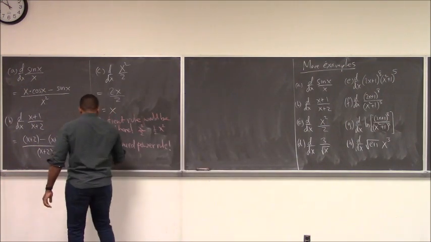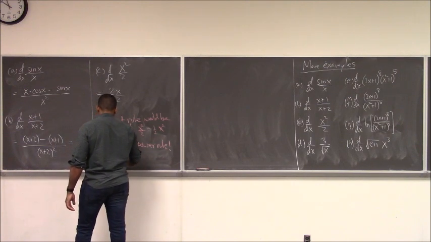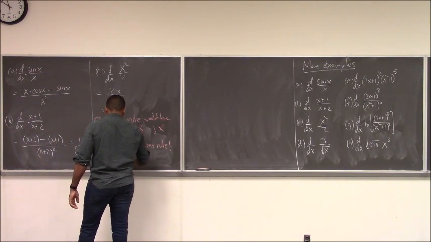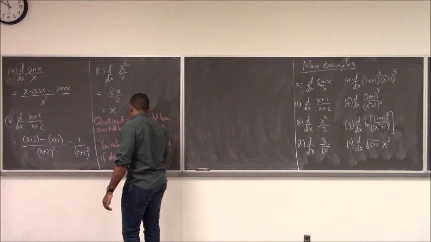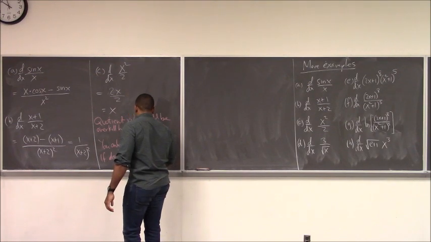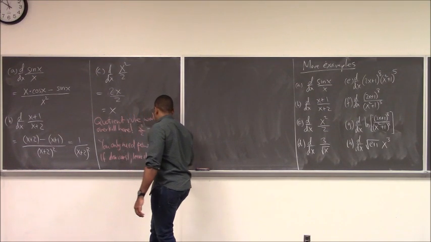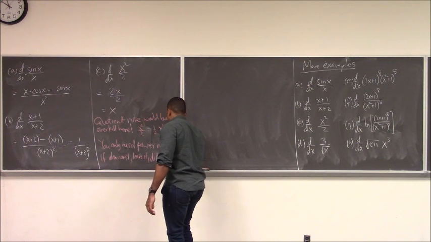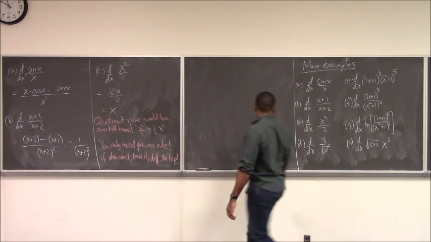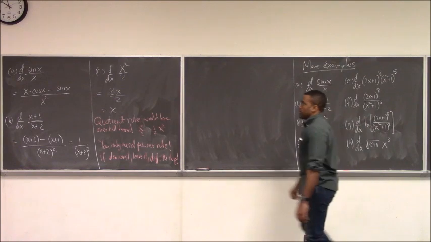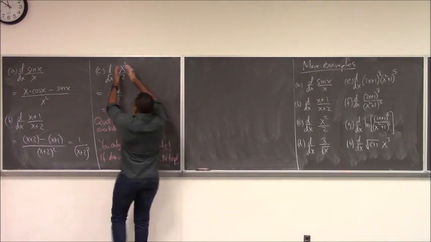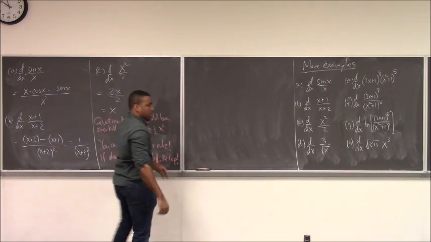So if the denominator is constant, just leave it alone, differentiate the top. Very simple idea, but it could look much more complicated than this.